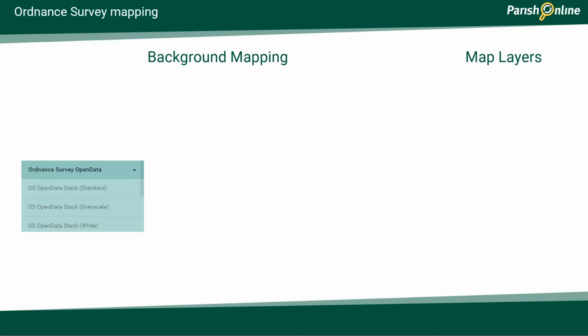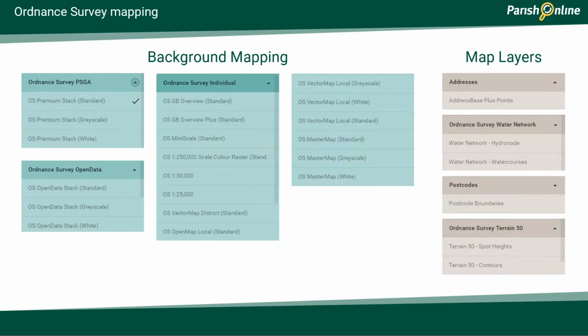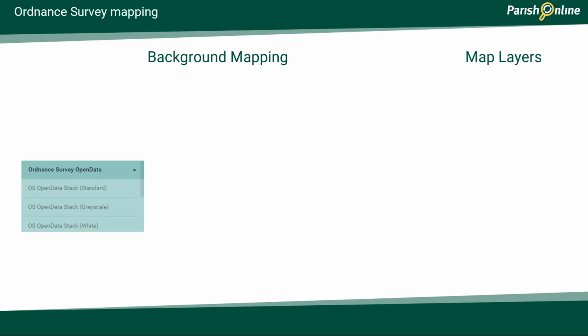If you don't have a PSGA license assigned to your Parish Online account, then you will only see the Ordnance Survey open data stack along with some other historic mapping instead of all of the Ordnance Survey mapping through the PSGA. So the point on the licensing here is make sure you get a PSGA license number.